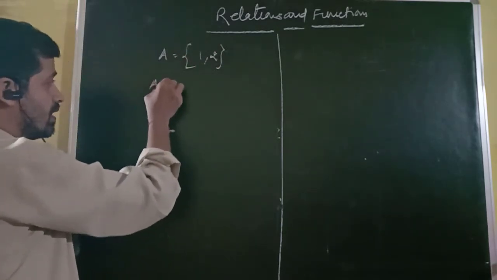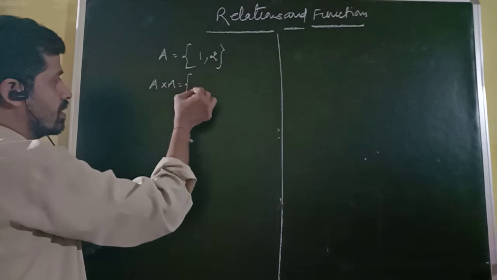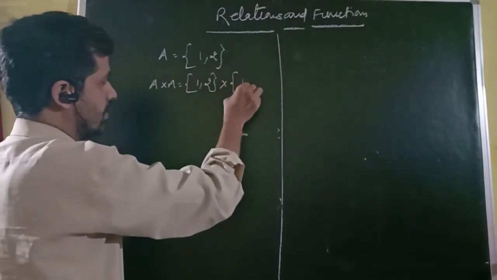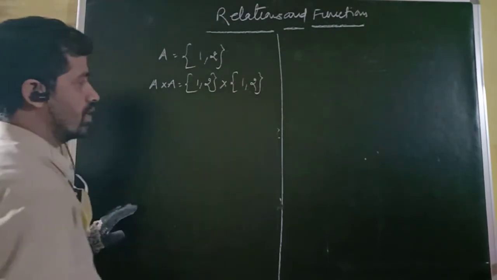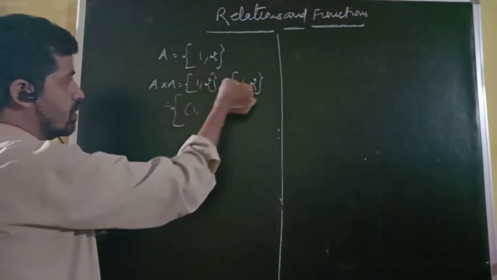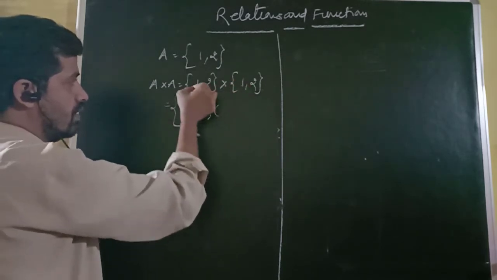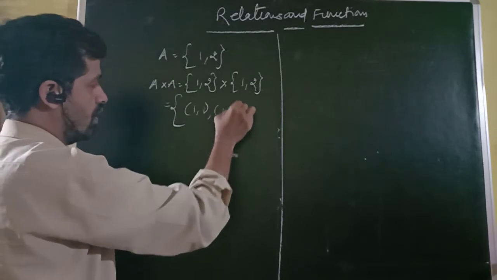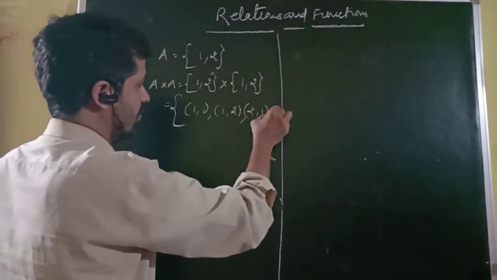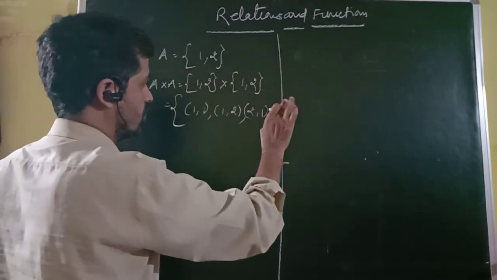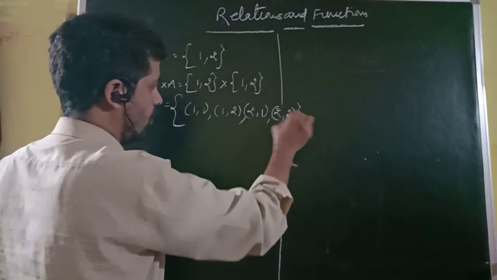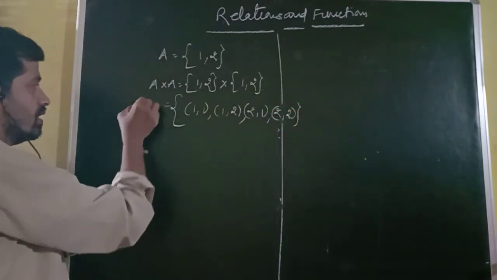Now we used to find out its Cartesian product, that is {1, 2} multiplied by {1, 2}, and then we get ordered pairs (1,1), then (1,2), then (2,1), and then finally (2,2). Hope this one is clear to all of you. This is our A cross A.